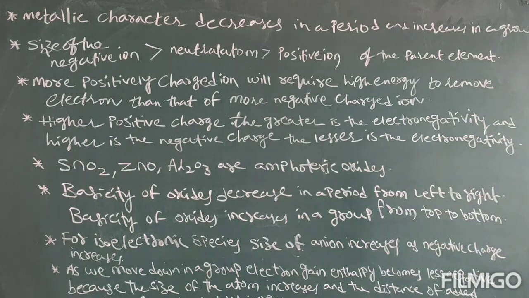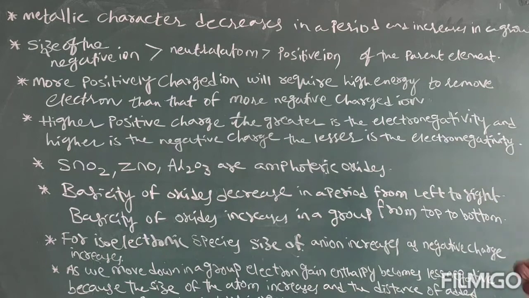And for isoelectronic species, the size of the anion increases as the negative charge increases, for example Cl minus and O2 minus.